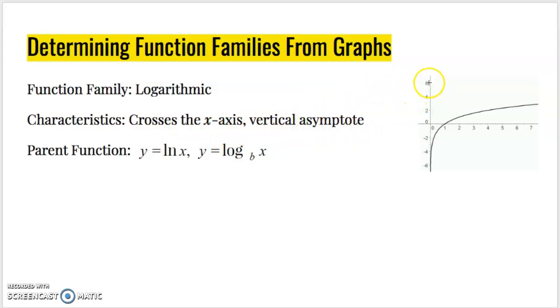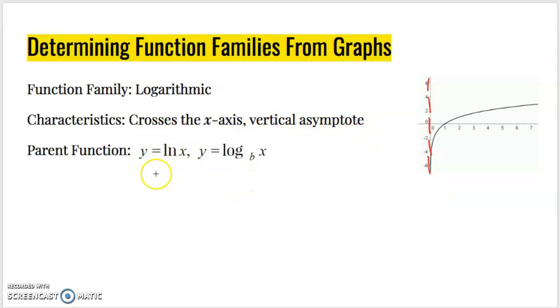An asymptote is a line that your graph approaches but never touches. And so here is where the vertical asymptote is on this graph, which means that your logarithmic function, if you followed it, is just going to keep going down, down, down forever and ever. It's never actually going to touch this vertical line. And so that's one of the characteristics that separates the logarithmic from a radical, is that this will continue to go down forever, whereas our radical function stopped.